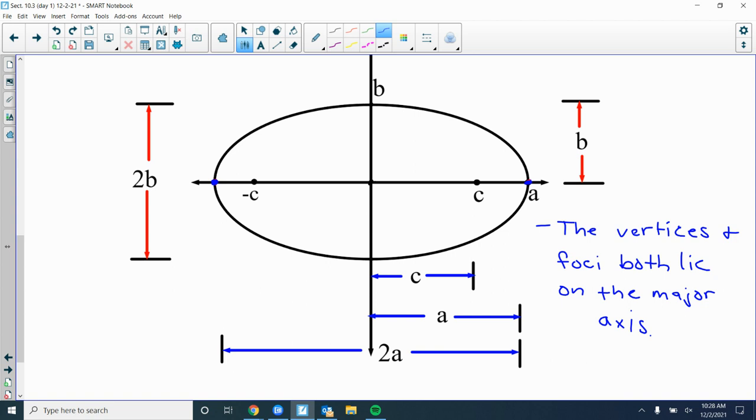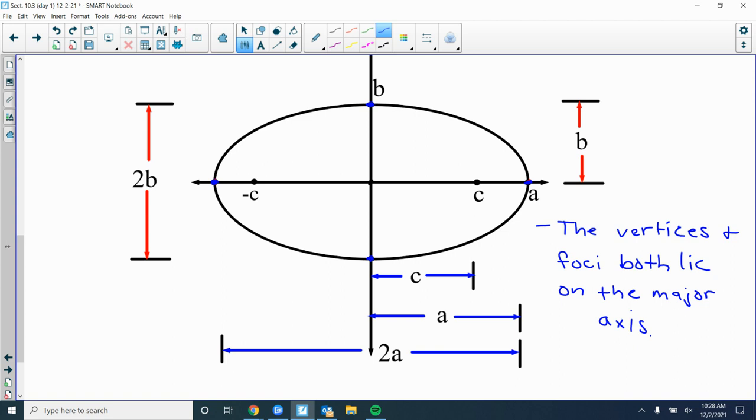Okay, so there's 2 vertices, 2 foci. If you want to talk about these points here, they're called the endpoints. The points on the B here are called the endpoints of the minor axis. Okay, that's just the way they're referred to.